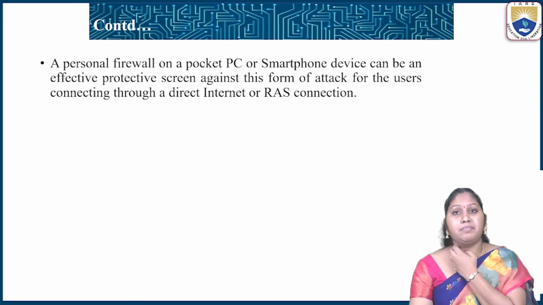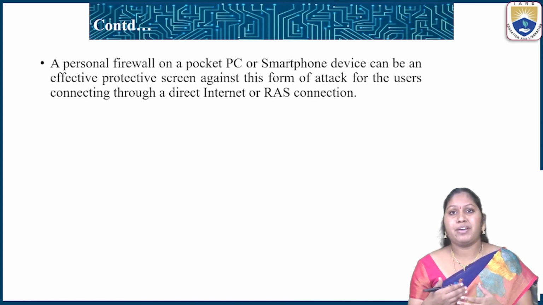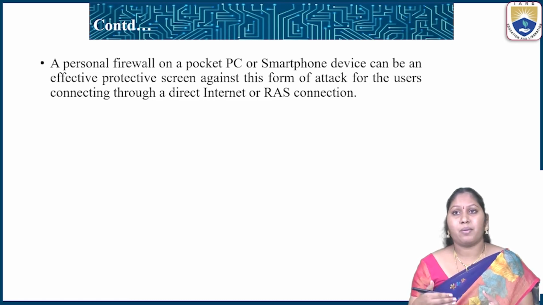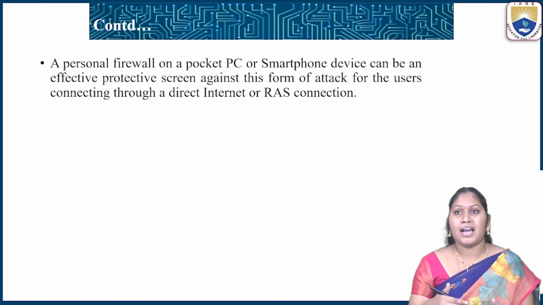And here, a personal firewall on a pocket PC or a smartphone device can be an effective protective screen against attackers for users connecting through a direct internet or RAS connection.